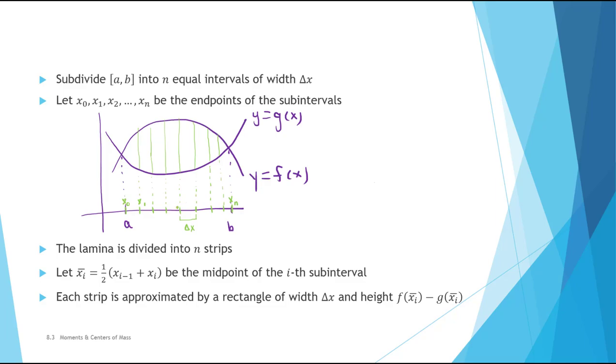If we focus on the ith strip, so from xi minus 1 up to xi, and we call xi bar the midpoint of that subinterval, then we can use that midpoint to approximate the top and bottom of that strip and approximate that strip by a rectangle whose height is given by f of xi bar, the top y value, minus g of xi bar, the bottom y value, and width delta x.